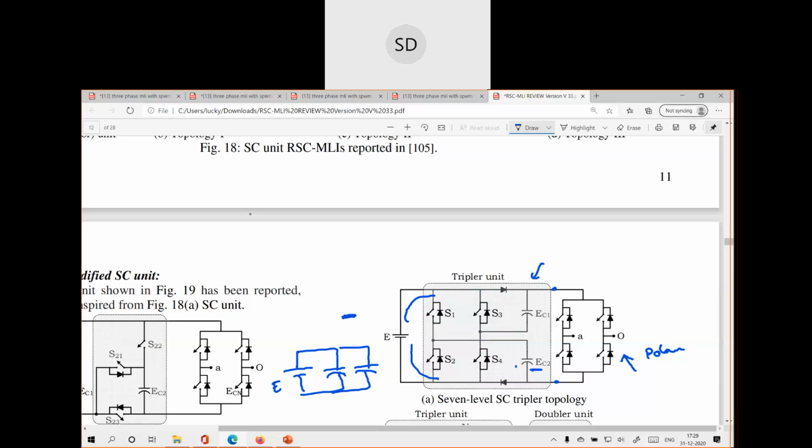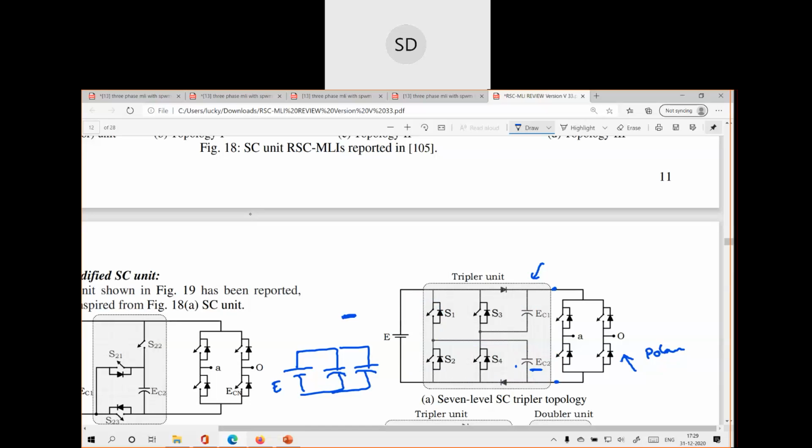If you turn on S4, this EC1 comes in parallel with the DC source. Similarly, if you turn on S1, this EC2 comes in parallel with the DC source. So you are supposed to turn on S1 and S4, and both capacitors individually come in parallel with the DC source.